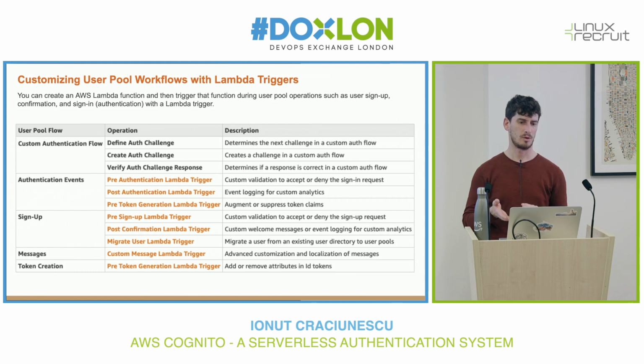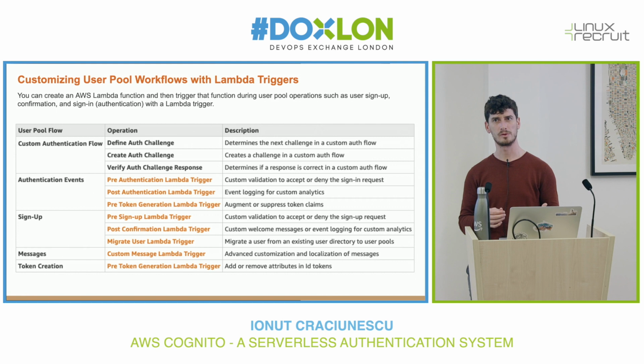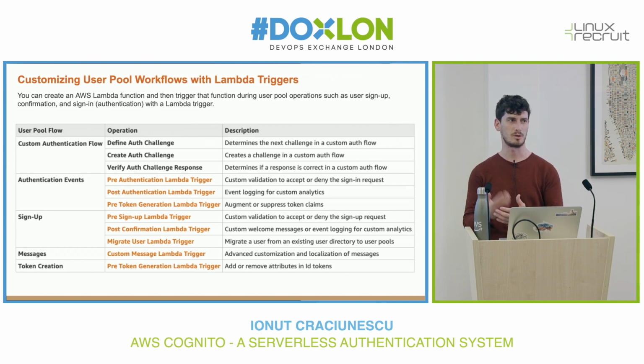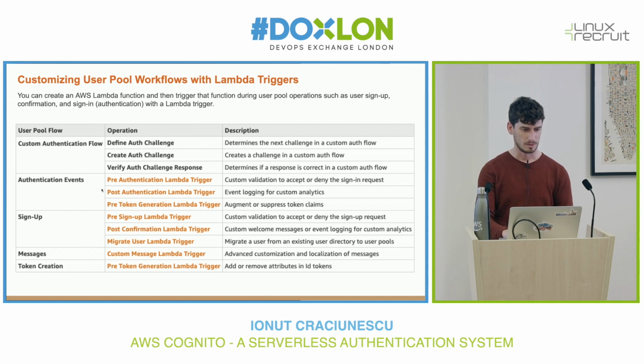Besides this, Cognito has what is called Lambda triggers, or in short, triggers. The goal of these is to customize the user authentication flow. Let's say you have users, you allow them to pre-sign up. Then depending on their email address, you can take additional actions by using the pre-sign up Lambda trigger, as it says here.